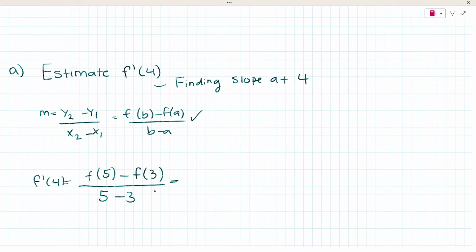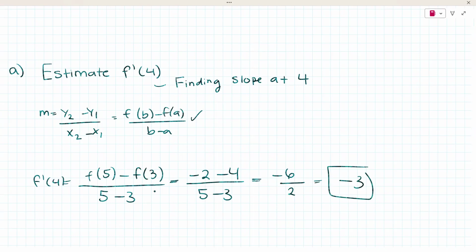That's going to be negative 2 minus 4 over 5 minus 3, and that is negative 6 over 2, which is negative 3. So f prime of 4 as an estimate would be negative 3.